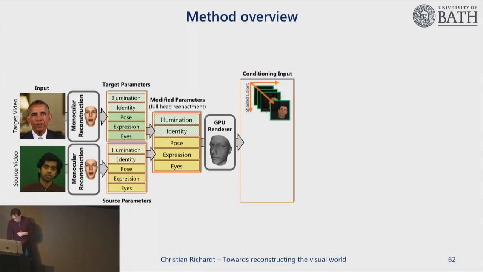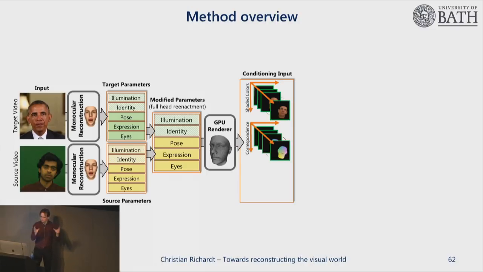We use just a standard diffuse look of the face, so just shaded colors. We also have a correspondence or UV map style rendering, so that our next component knows the spatial relationships of parts of the face. And then we also have another layer of where the eyes are and where they're blinking.